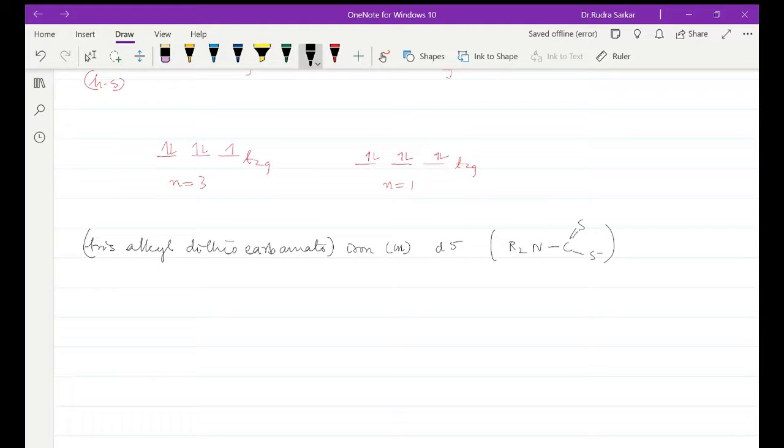Now over here, these types of complexes also are known to be showing spin crossover with temperature. Okay.